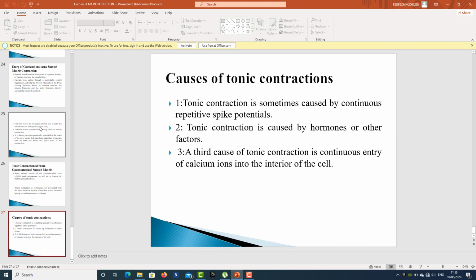Causes of tonic contractions: it is sometimes caused by continuous repetitive spike potentials. Tonic contractions can be caused by hormones or by other factors. A third cause of tonic contraction is continuous entry of calcium ions into the interior of the cell.